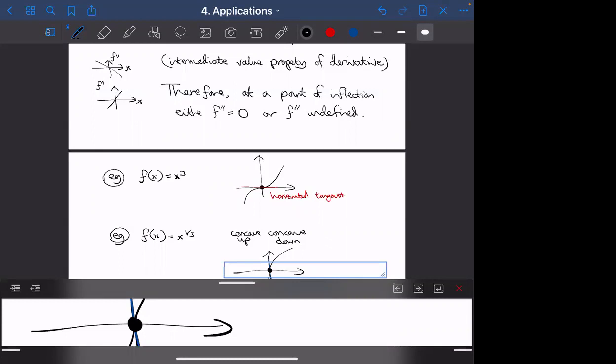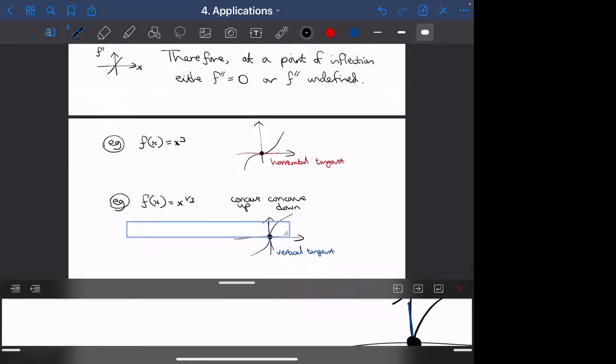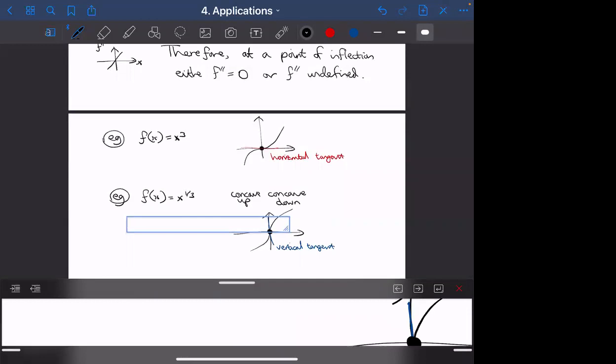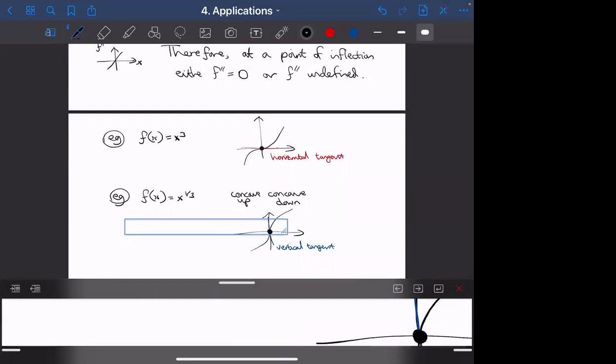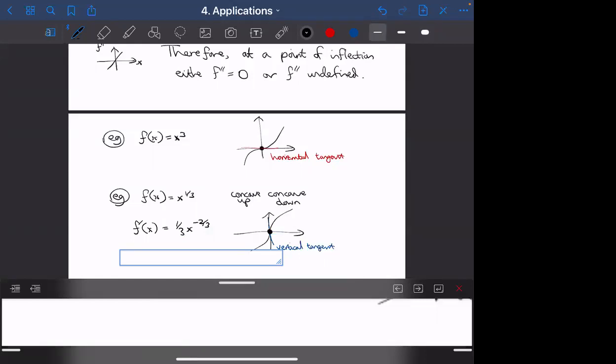And if you want to test this, if I calculate the derivatives, f prime x is 1 over 3 x to the minus 2 over 3. So that has an infinite limit, as you'd expect from that vertical tangent.